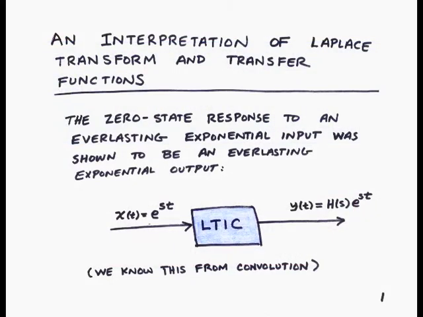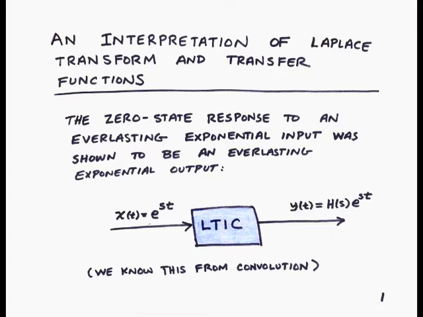Now, our first step is to recall that the zero-state response to an everlasting exponential input was an everlasting exponential output. So, we have a linear time invariant system. We put in x of t equals e to the st, and in response we get y of t is h of s times e to the st, where h of s is just some constant that's dependent upon the value of s that we've chosen for our input, and e to the st is an everlasting exponential.